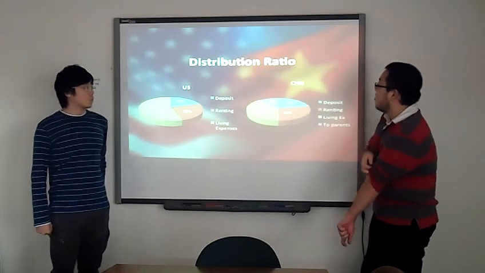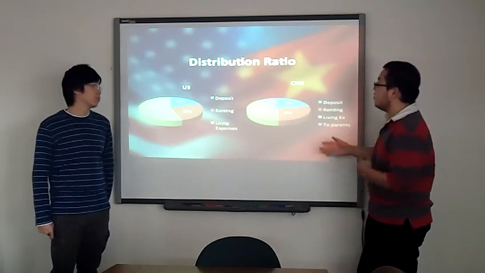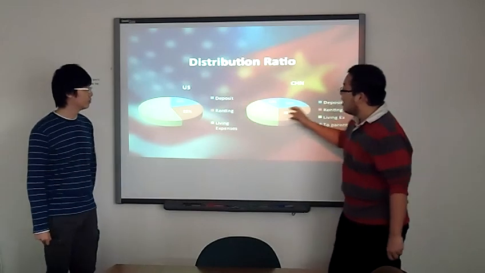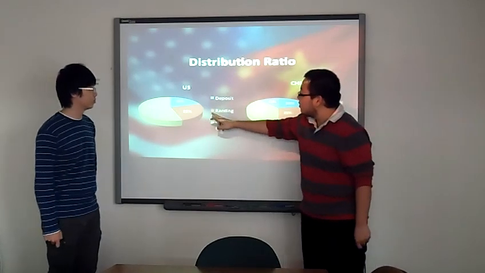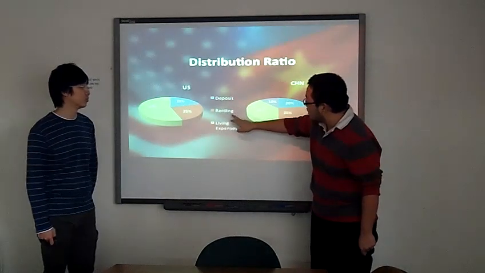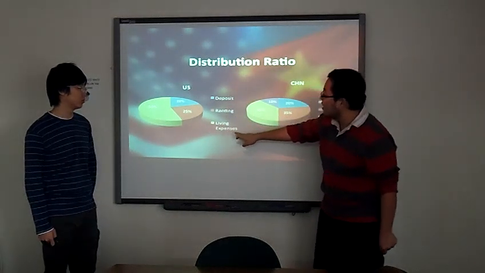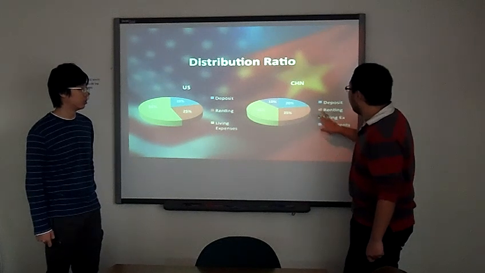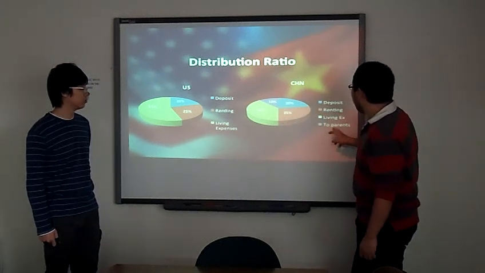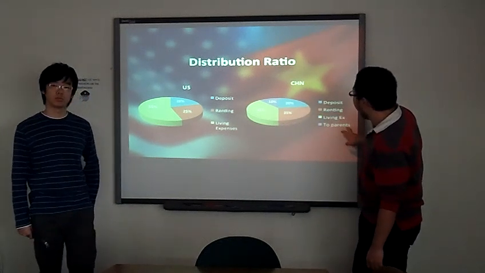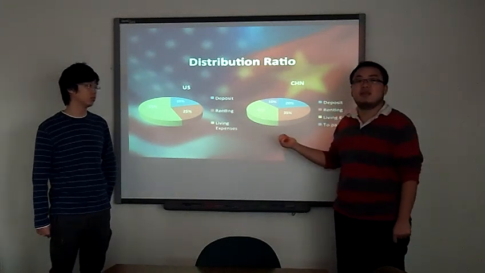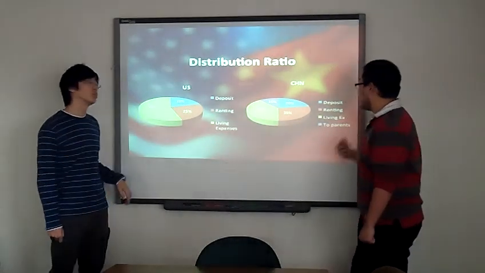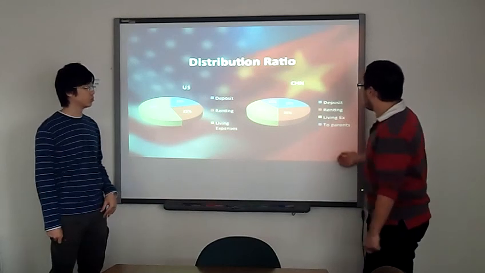And we know we have some differences between the U.S. and China. In the U.S., we have the deposit, renting and the living expense. And in China we add another value. This is for the parents, because in China we have a traditional culture.